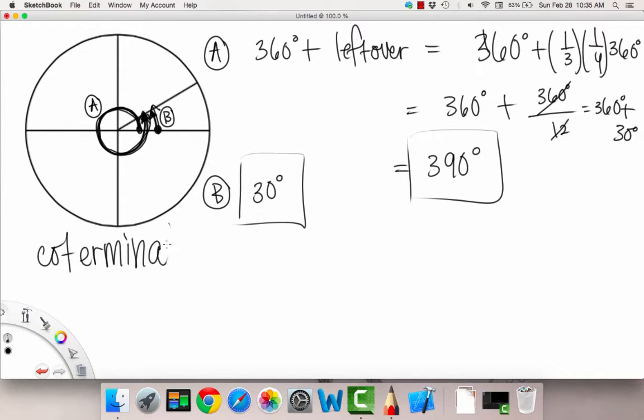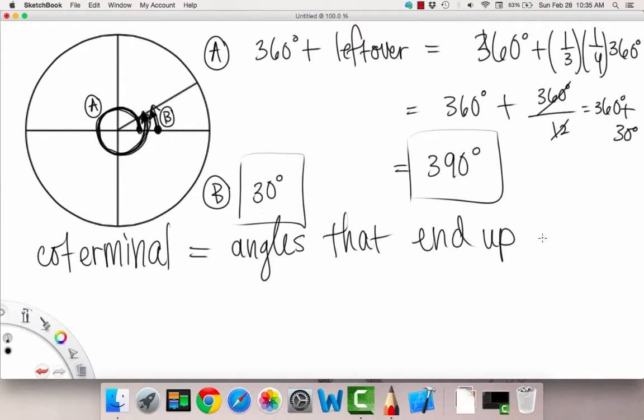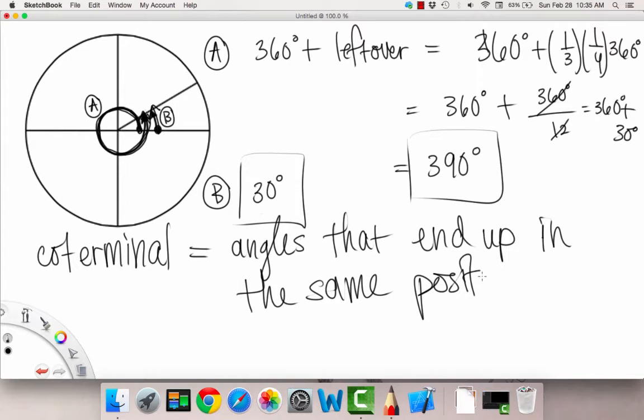The reasoning behind that is because these are angles that finish or end up in the same position. Okay?